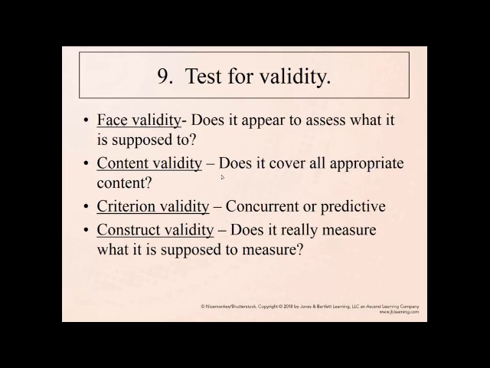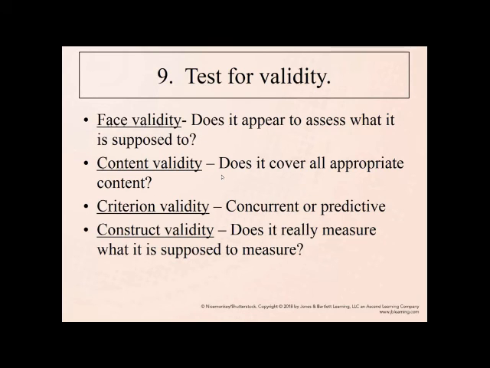Concurrent validity refers to the degree to which your instrument correlates with another previously established and valid instrument, perhaps a gold standard. Whereas predictive validity evaluates how well your instrument predicts a specific outcome, such as a survey asking adults about their attitudes towards healthy eating, which may predict the quality of their diets.